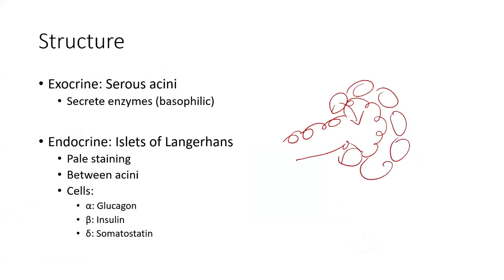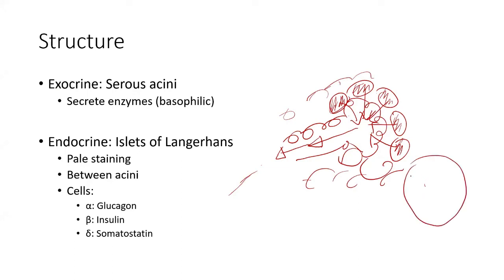These secrete enzymes into the ducts, and the enzymes travel through the ducts gradually to the sphincter of Oddi, to the ampulla of Vater, right? So these cells have a lot of protein synthesis, so they are usually basophilic.